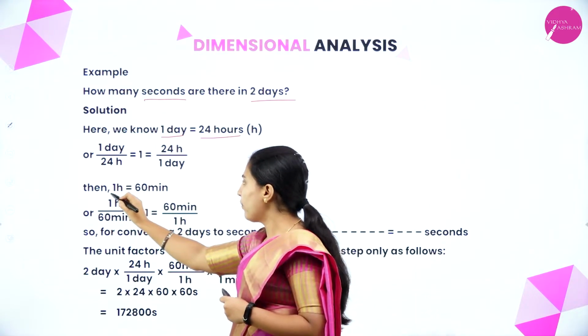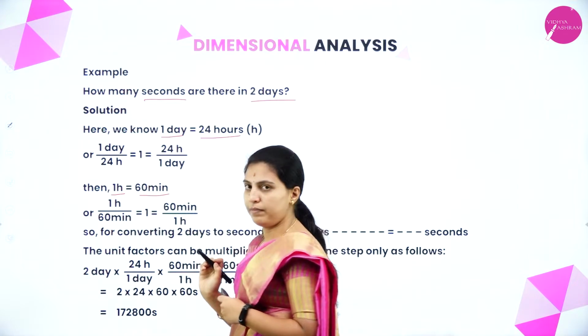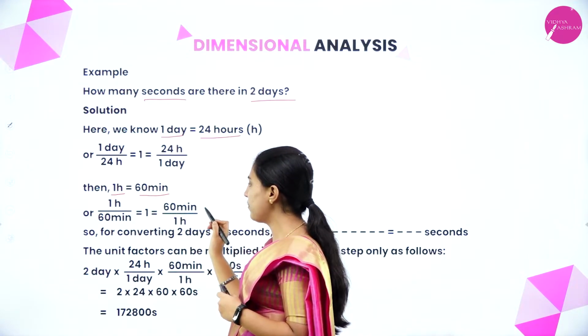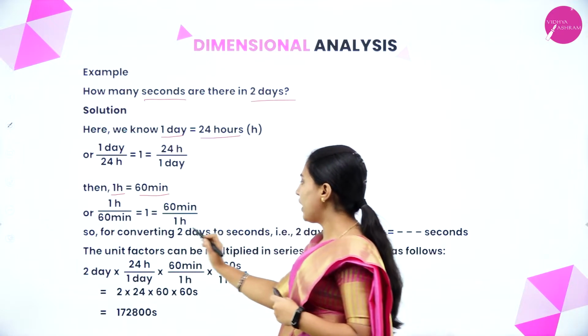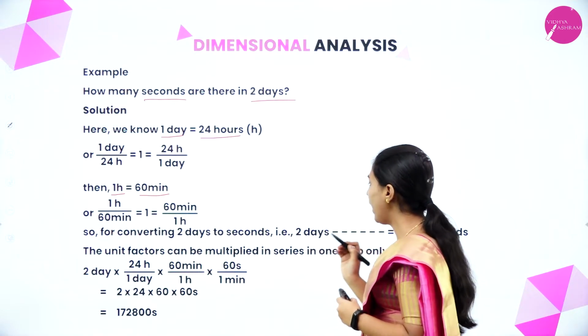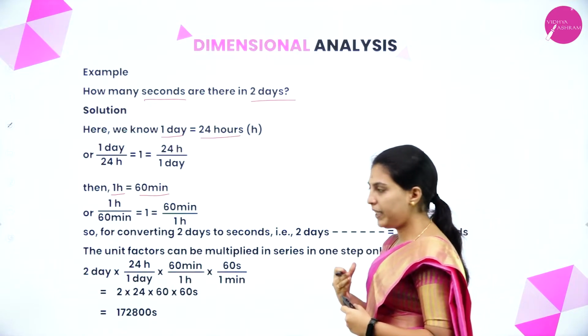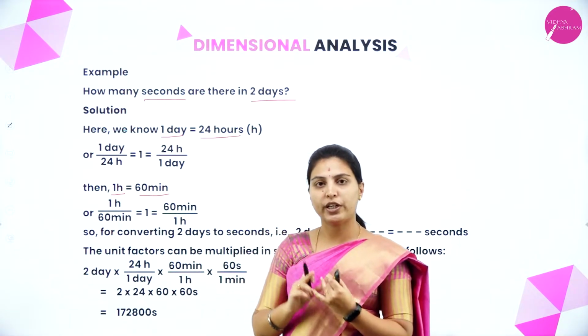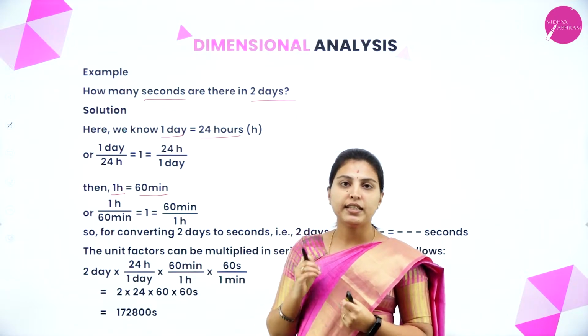Then for 1 hour, there are 60 minutes. For converting 2 days to seconds, you have to convert completely. We know 1 day means 24 hours, and 1 hour means 60 minutes.